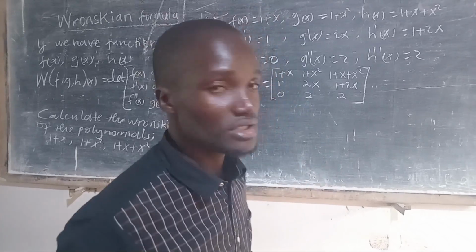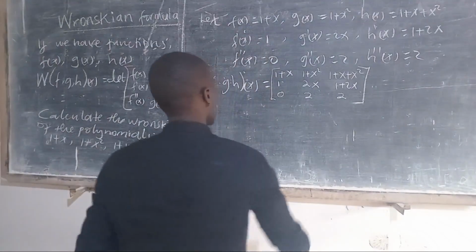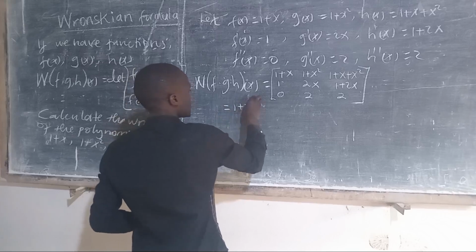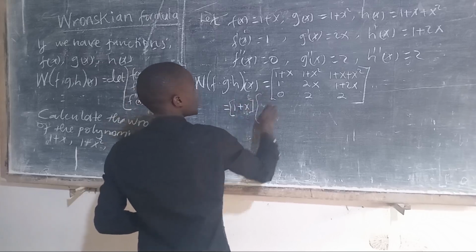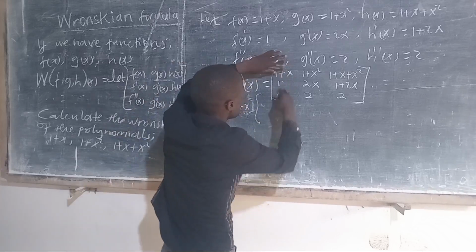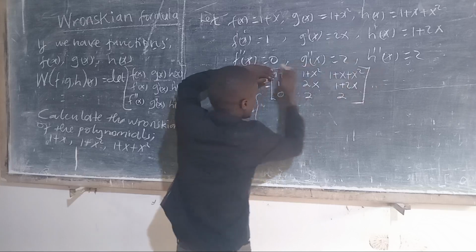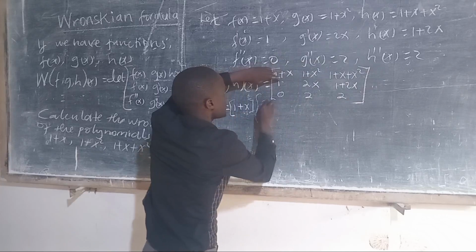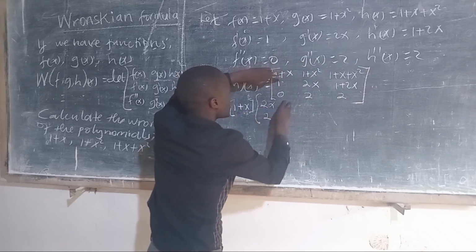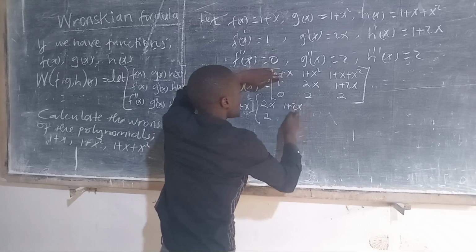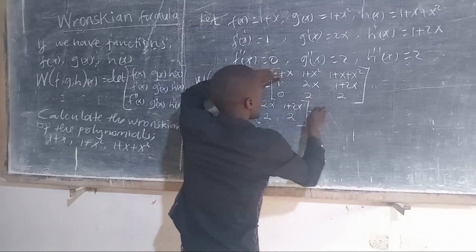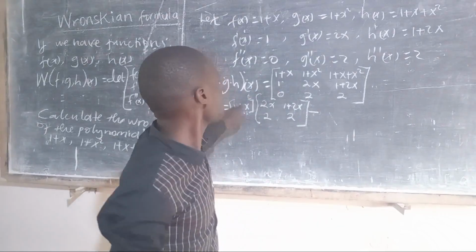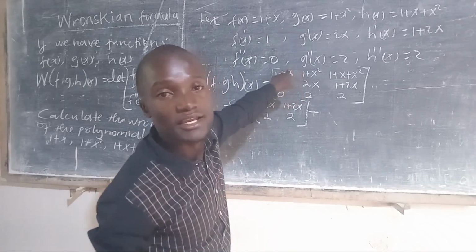And how are we going to do it? We can do it this way. To get the first function, if this is the first function, we can close the whole of this row and the whole of this column. And then we remain with 2x, 2, 1 plus 2x, 2. Now, since we are starting with a positive, the next one is a minus.